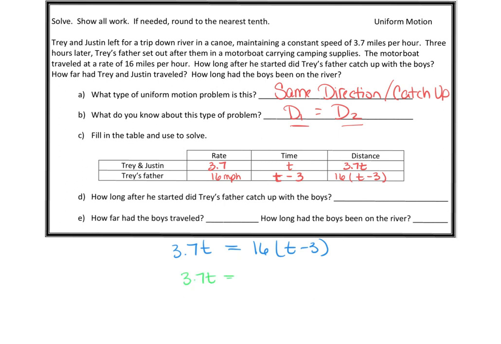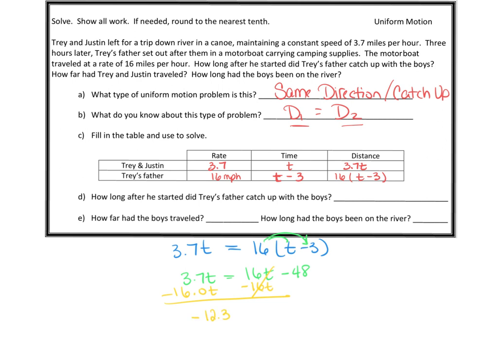3.7t equals this distribution. 16 times t, that's 16t. 16 times negative 3 is negative 48. All right. Subtract your 16t from both sides. All right. 16 minus 3.7 should be negative 12.3.